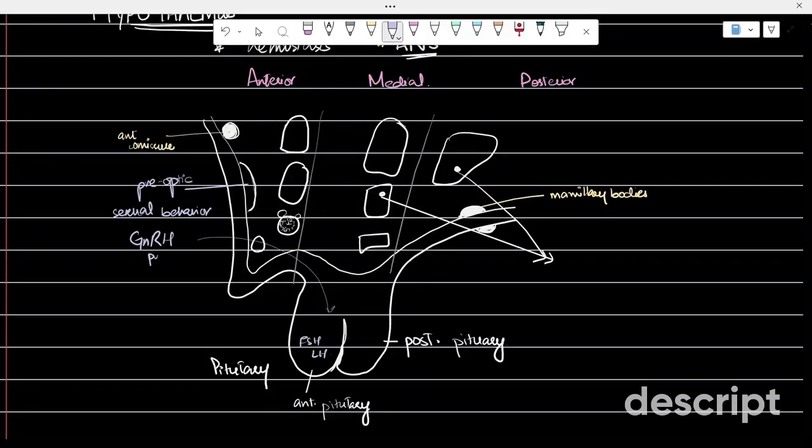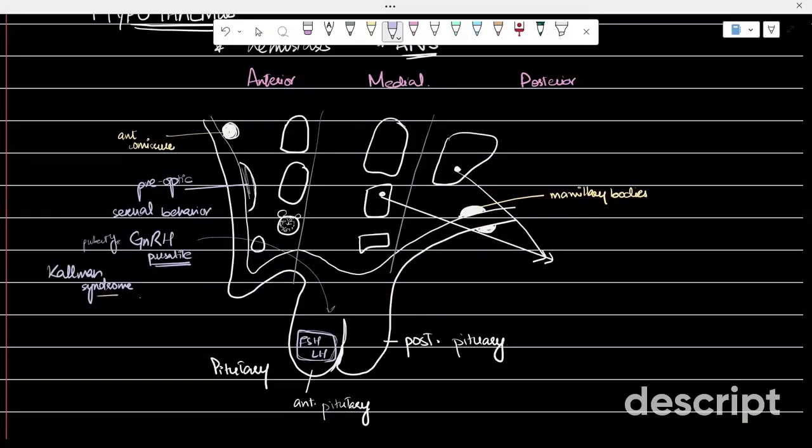When this is generated in pulsatile manner, it is useful for us. If it's not released in pulsatile manner, it will not be useful. So this is important for puberty. And failure of GnRH producing neurons will result in Kallmann syndrome, also signifies primary amenorrhea.